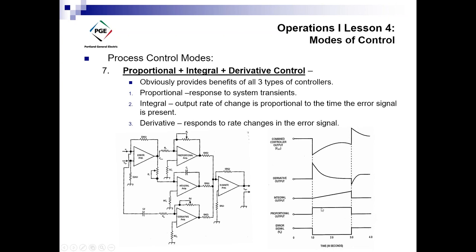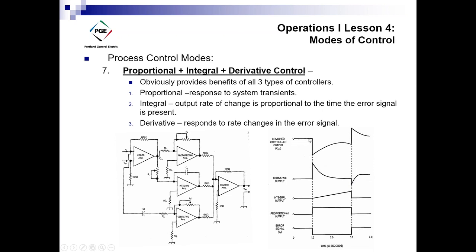So as long as this error signal is here, you see the integral output is there and keeps increasing. And if the error signal would stay there, the integral part would just keep increasing, until finally the error signal went away, and then the integral part would drop off. The derivative output, this is a big step change. So it says, oh, hey, this is changing really fast. We jump it up, and then you bring the signal down. This is an arbitrary level. And you bring the signal down, and then it goes away, okay, negative, and then bring the signal back up.